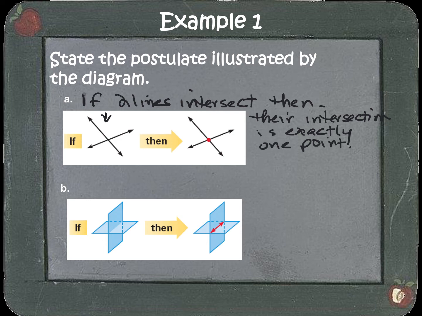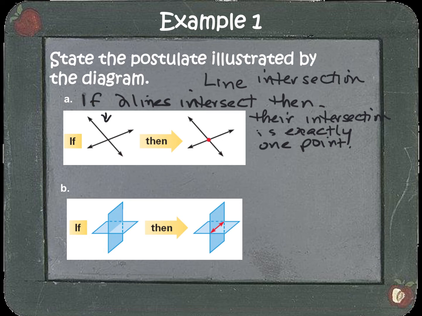Now, that's just describing. If you prefer, tell me the name of this postulate is the line intersection postulate. So on the quiz, if you forget the name, you can describe what you see in the picture. The second picture, yes.